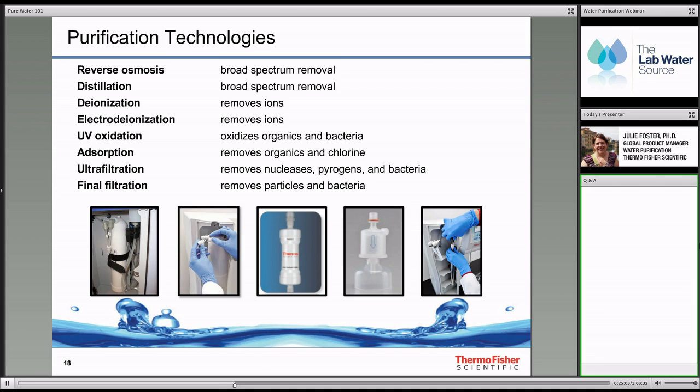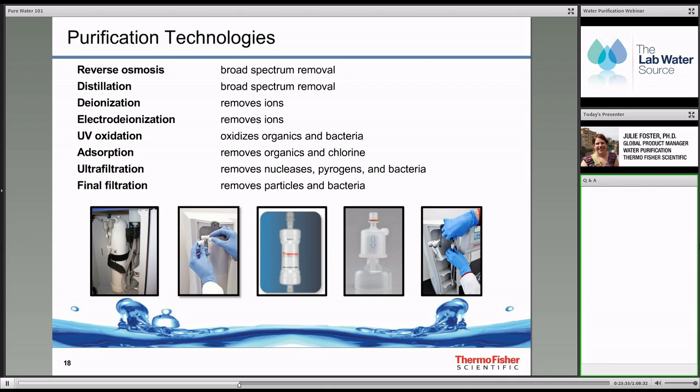So there are 8 different water purification technologies that are possible to use to purify water. Of the 8 technologies I've listed here, 7 of them, all of them with the exception of distillation, we and other water companies use and incorporate into water purification systems. So distillation is kind of by itself. It's its own thing.